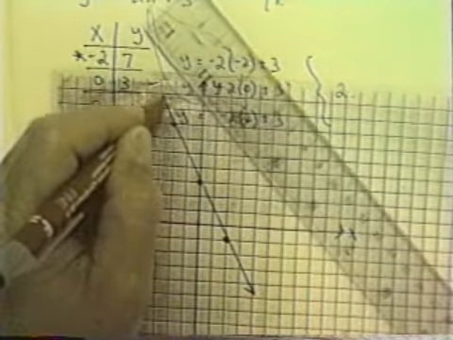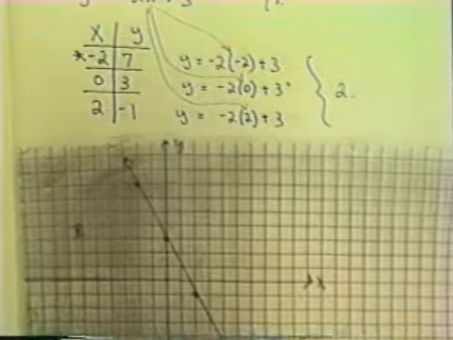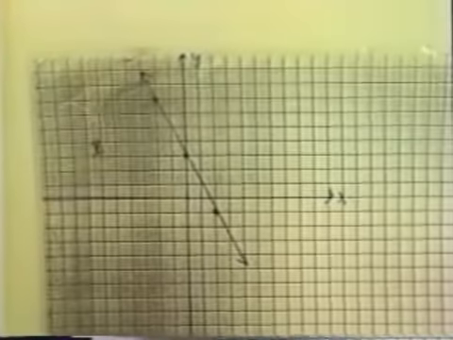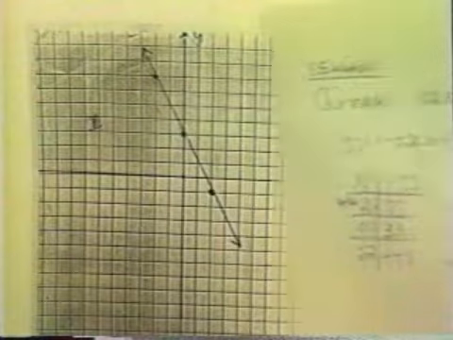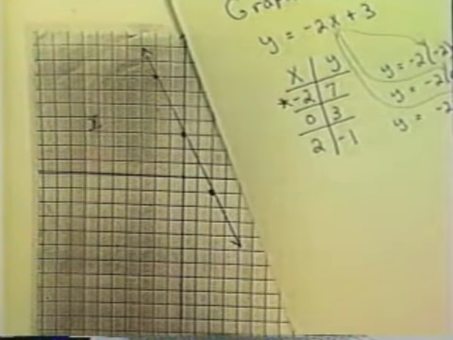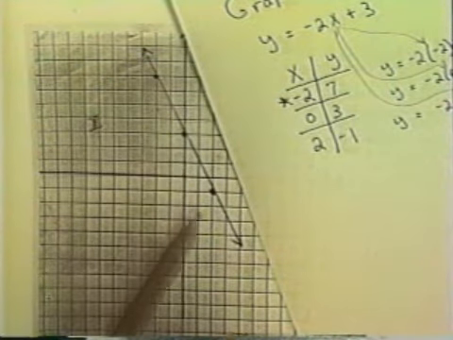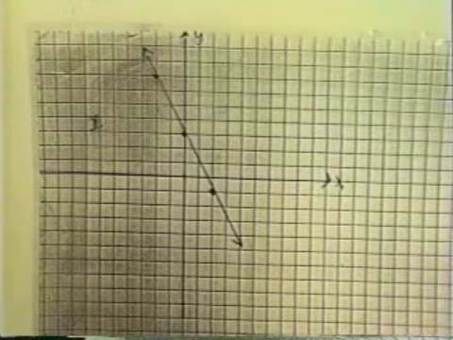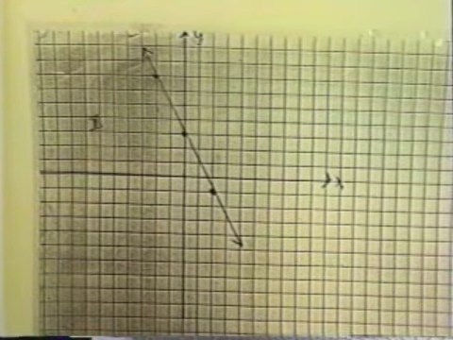And we have the graph of the equation y is equal to negative 2x plus 3. Now you can see the graph better, but I wanted you to see the ordered pairs at the same time. So we have the ordered pairs negative 2, 7; 0, 3; 2, negative 1. There's your graph. Now that should be basically a review for you.